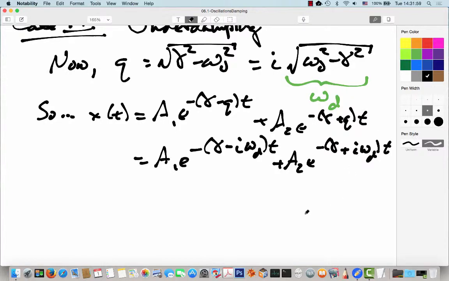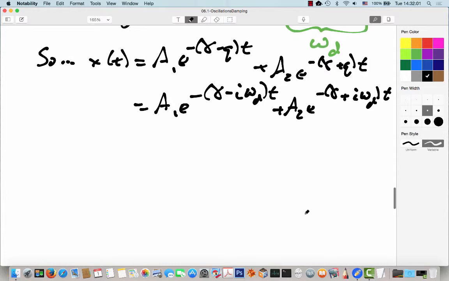All right. Now, for reasons that will make sense in a moment, I am going to rename a1 as C plus. Yeah, I know it's multiplying the thing with a minus there, bear with me. And a2 I'm going to call C minus.